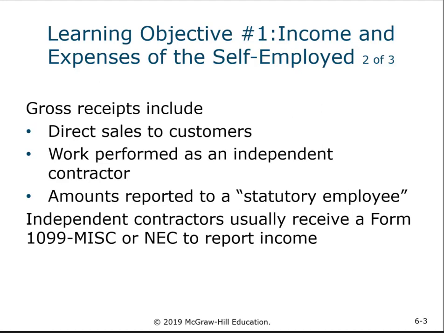If that's the case, then you are probably going to be considered an independent contractor, and they're going to send you either a 1099 MISC or NEC, non-employee compensation, which is what NEC stands for, and that's a new form for 2020, to report that they paid you, and then the IRS is going to match that up and see that on your Schedule C you report that you received that. So that's the issue.